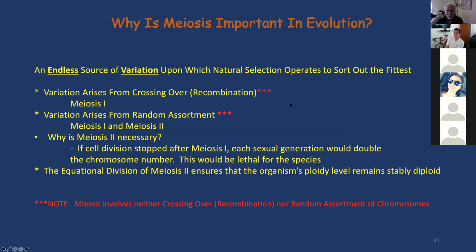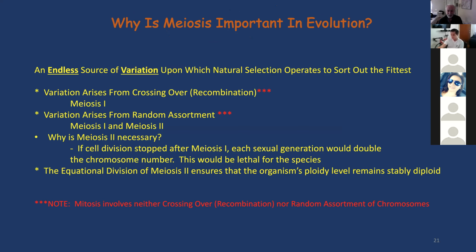Why is meiosis important in evolution? Well, evolution requires variation, and meiosis is an endless source of variation. It never stops. With every meiotic division, more variation is produced.